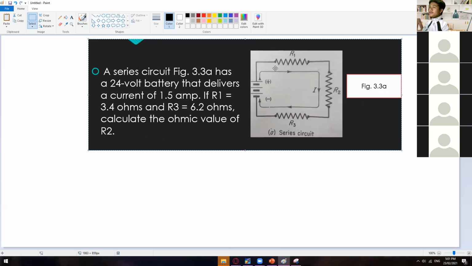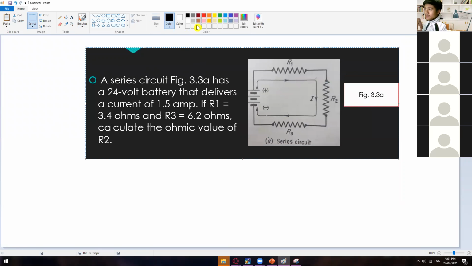All right, so from here, as you guys can see, you have here the value of your R1. R1 is 3.4 ohms. And then R2 is missing, and then R3 is 6.2 ohms.